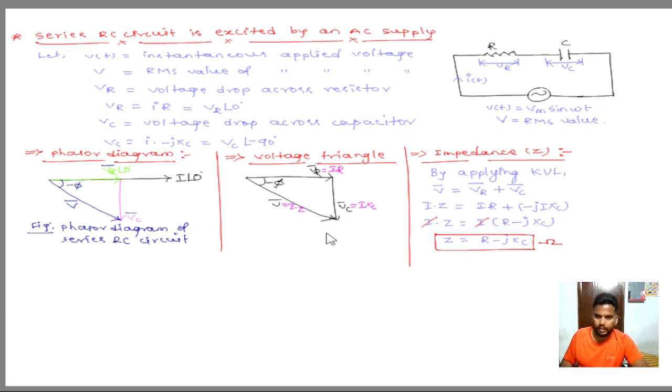Next, we need to draw the impedance triangle. How do we get the impedance triangle?